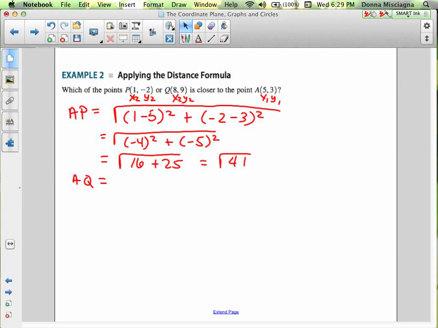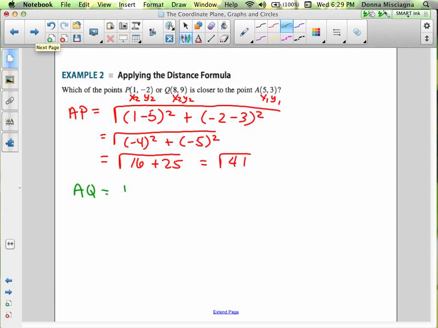Let's now find the length of AQ, and I'm just going to switch colors to make it stand out. Now we find the difference between the x-coordinates between A and Q and the y-coordinates between A and Q. So we have 8 minus 5 squared plus 9 minus 3 squared.